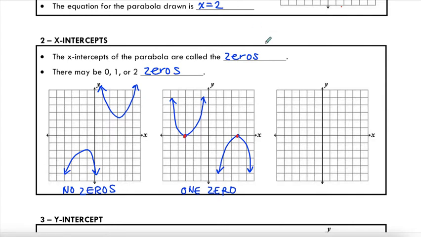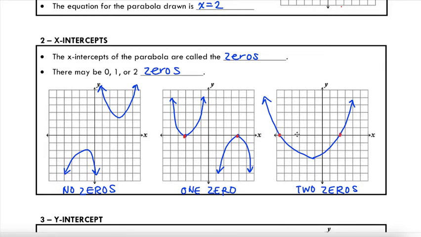And what happens if we have 2 zeros? What does that mean? Well, that means it intersects or crosses the x-axis in 2 spots. So again, if I was just to draw a parabola, you can see that I have an x-intercept here and I have an x-intercept there.